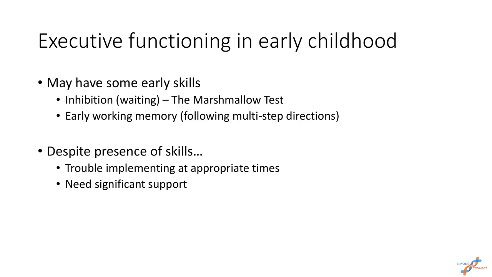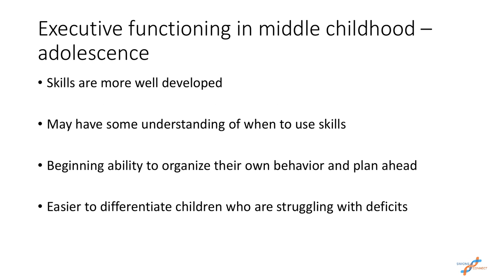When we move on to middle childhood and adolescence, we do start developing more skills. Children and adolescents are able to organize their own things. They can organize their spaces in ways that make sense. They start to be able to plan their own behavior and plan a timeline out, so keep an agenda or keep a schedule.